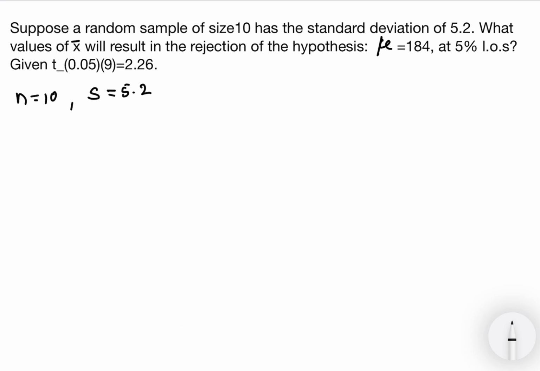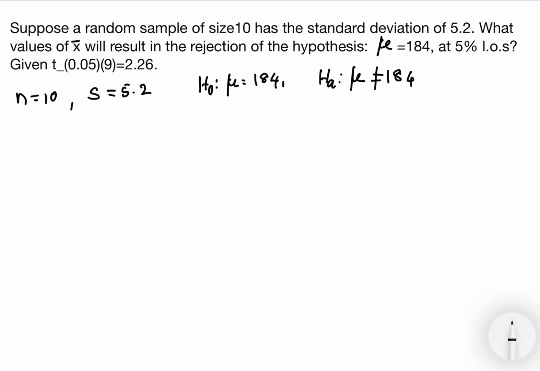They're asking what values of x bar will result in the rejection of the hypothesis. So the null hypothesis here is mu equals 184 and the alternate hypothesis is mu not equal to 184.